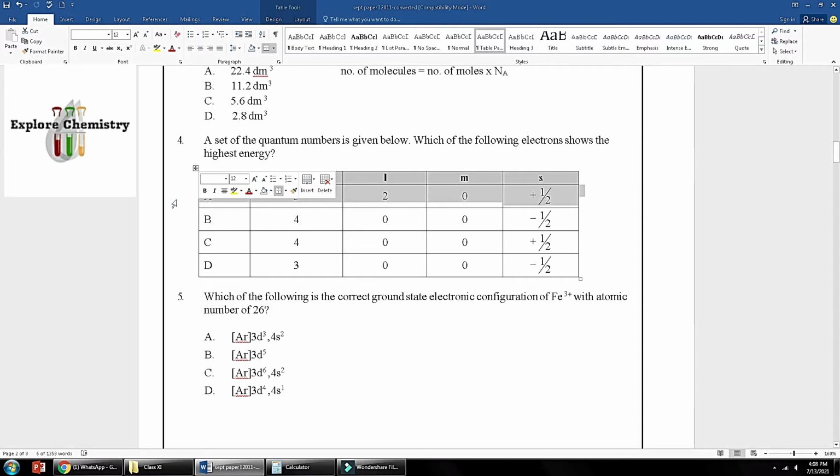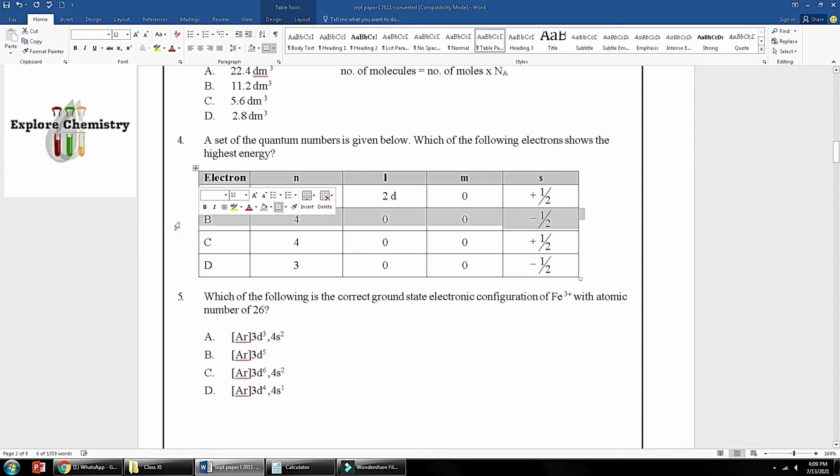But this one belongs to 3d, and for the third shell, if the value of azimuthal quantum number is 2, it represents the d subshell, and 3d has higher energy as compared to 4s.